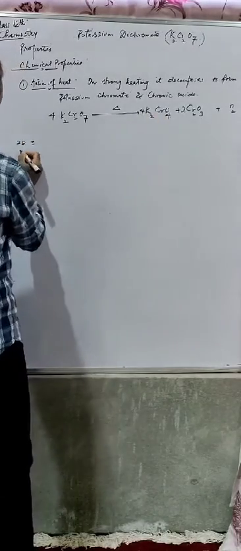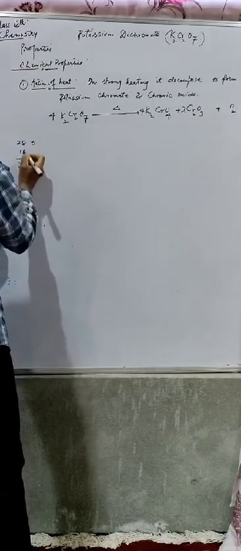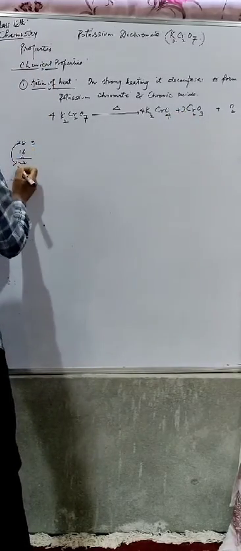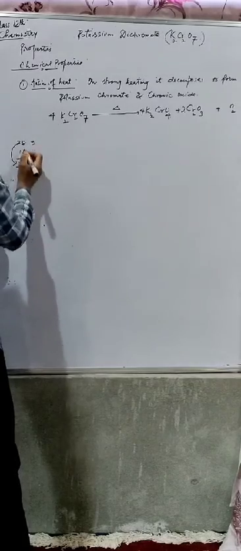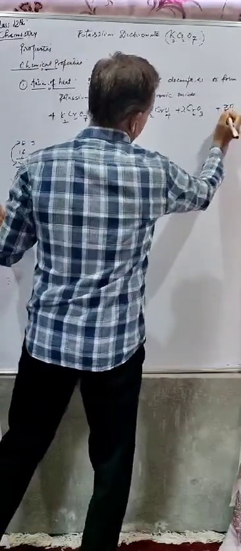Here we have 16 and we have 6, 22, 28, so we take 22 from 28, means 6, that means we have 3 times oxygen.